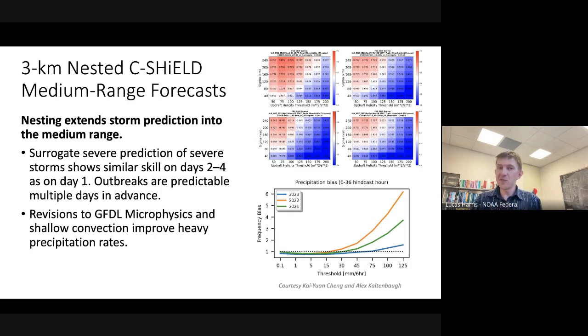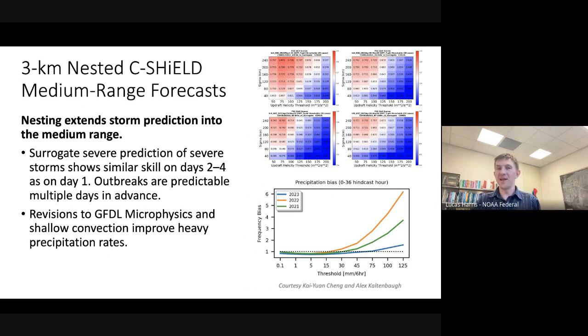But the interesting thing here is that we see a fraction skill score that doesn't really degrade a whole lot between day 1 and day 4. And that really indicates that, yeah, there is skill in predicting multiple days in advance in this metric. So that's an exciting thing. And actually, we have a very interesting collaboration I'll talk about here shortly that builds upon that.